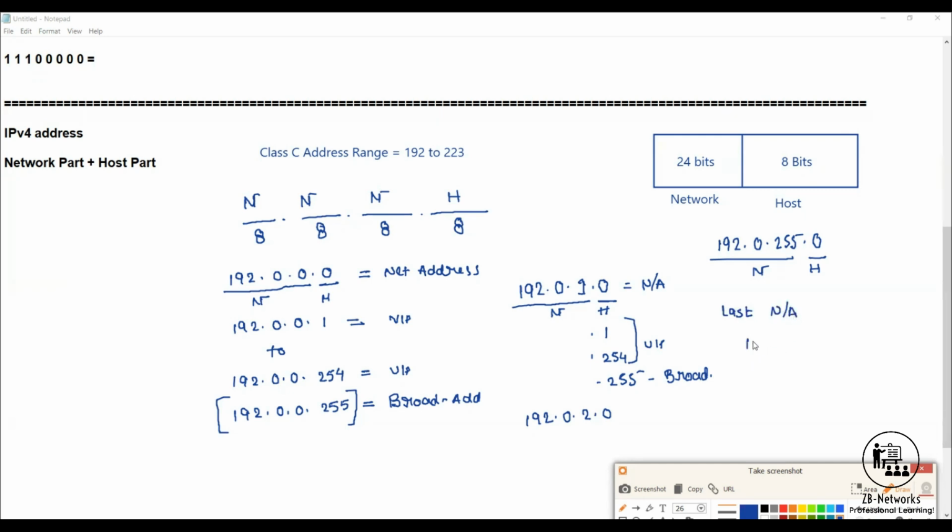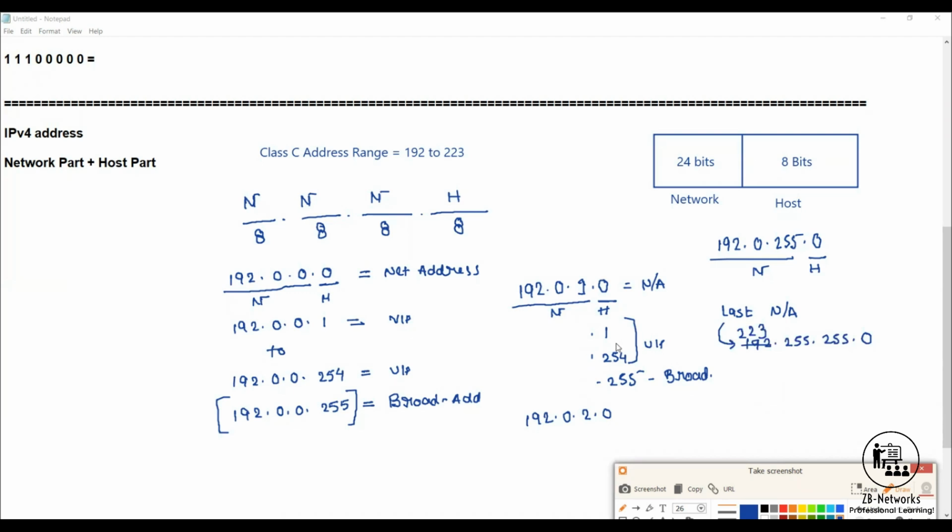The answer is 192.255.255.0. The answer is not yet correct because this first value has to be 223, right? So 223.255.255.0 is exactly the last network address of class C.